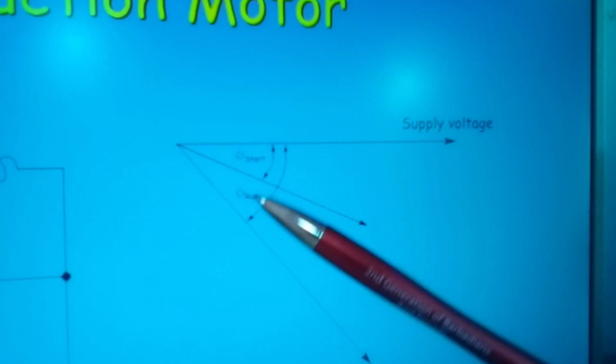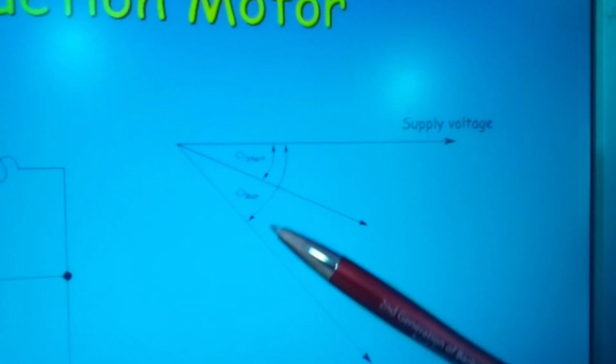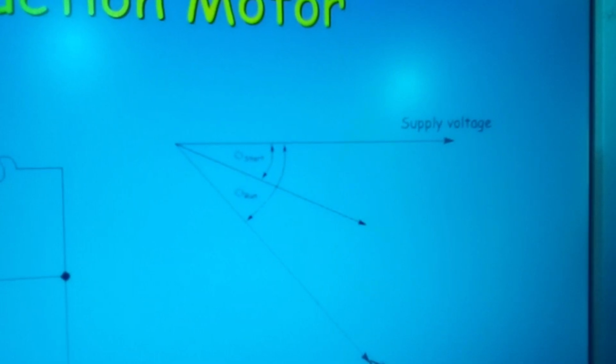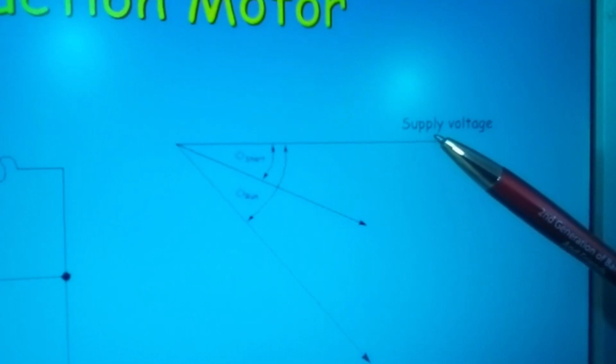And here you then have, once you've started and you drop your switch back to run, it's lagging even further, and that gives you your rotating magnetic field by having this angle lagging your supply voltage.